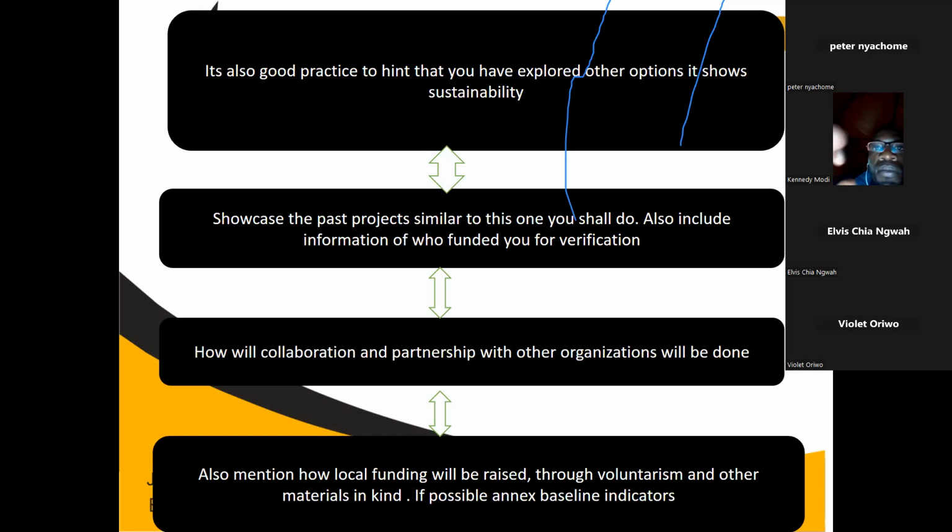If they fund you, and you are an organization that is capable of raising funds from the local level to international in a good way, they will be more interested in knowing that this particular project is going to be funded by these organizations and this one. It simply means they are only coming to be partners, so they will collaborate together. They feel more safe in such a setup.